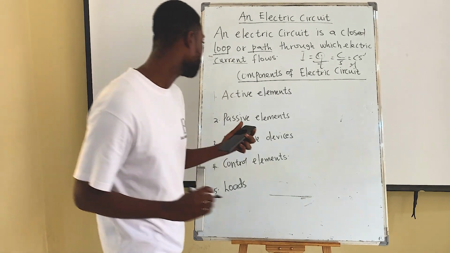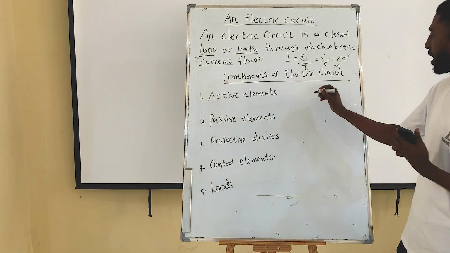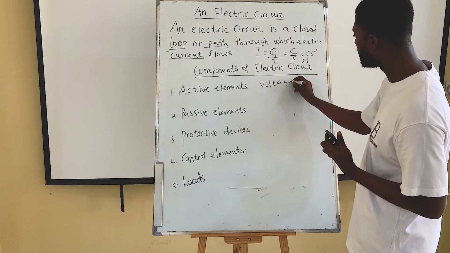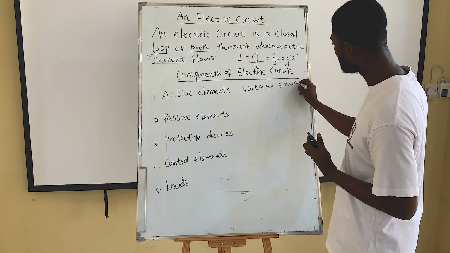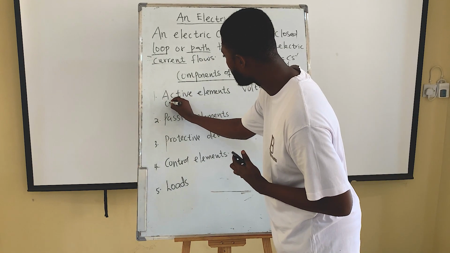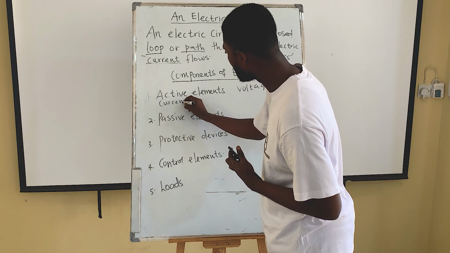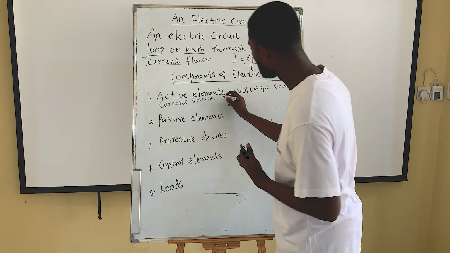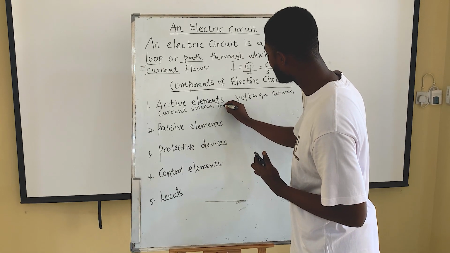So here, examples of active elements, we can have a voltage source. We can also have what we call a current source. You can have a transistor.